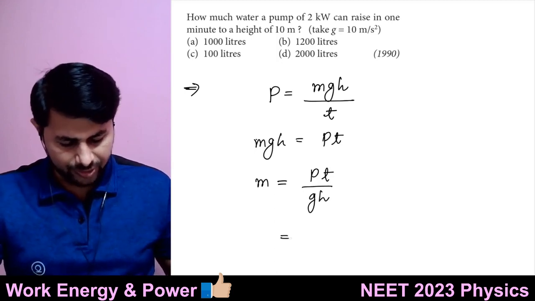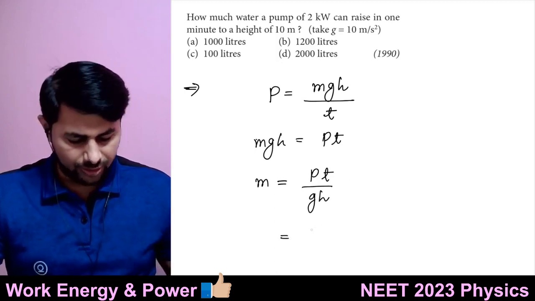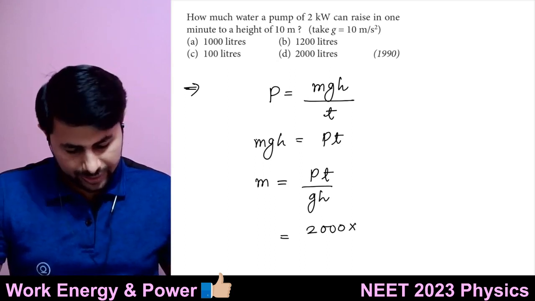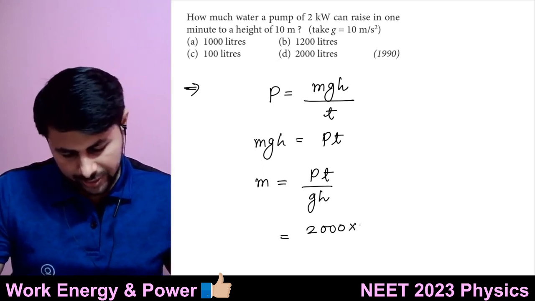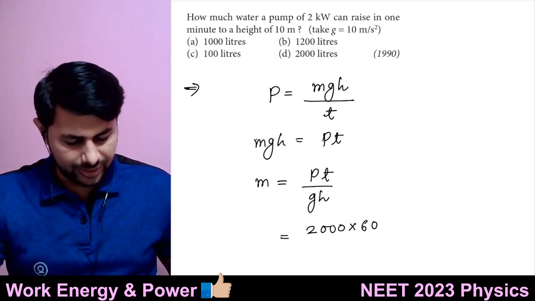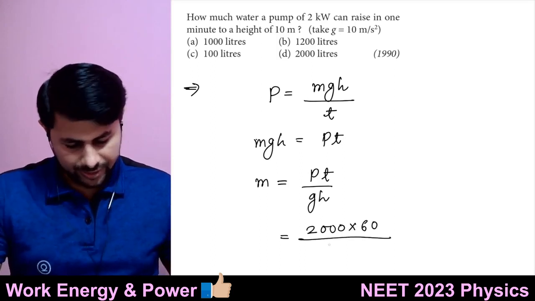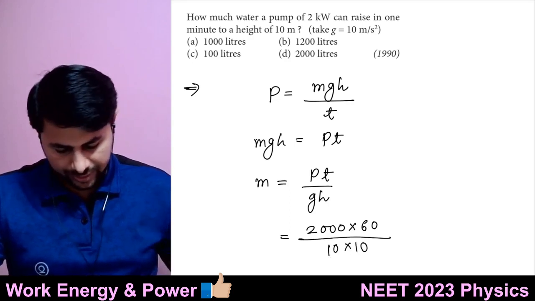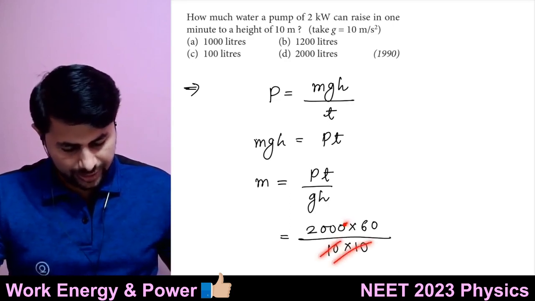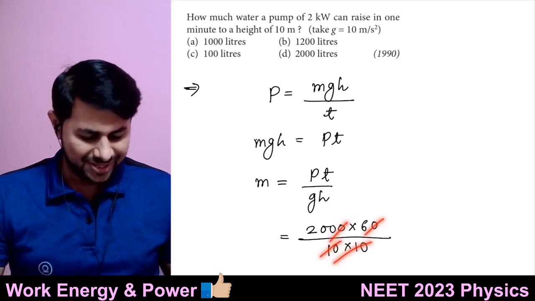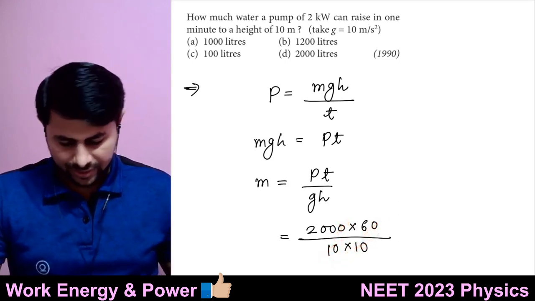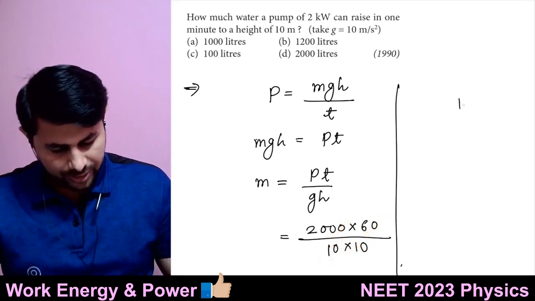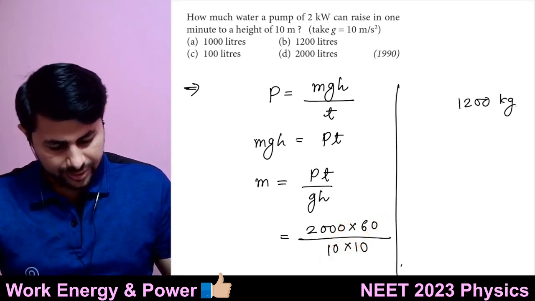And now we can substitute values. So power is 2 kilowatt, that means 2000, multiplied by time. Time is how much? 1 minute. So 60 seconds divided by gh. So gh is, g is 10, h is 10. So two zeros get cancelled. 200 times 6, 1200. Okay, 1200 kg is the mass.